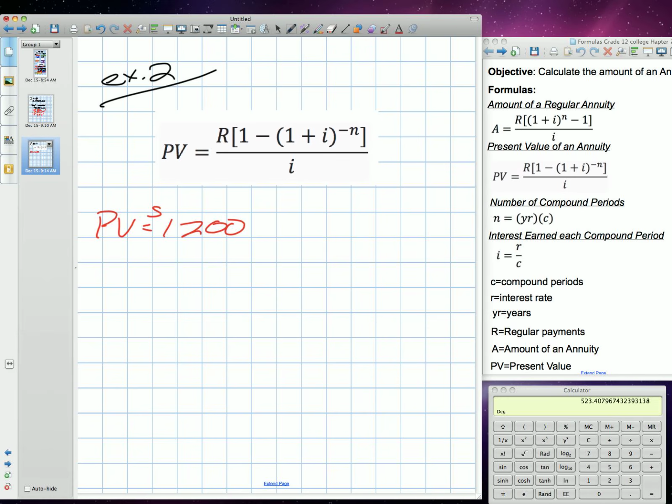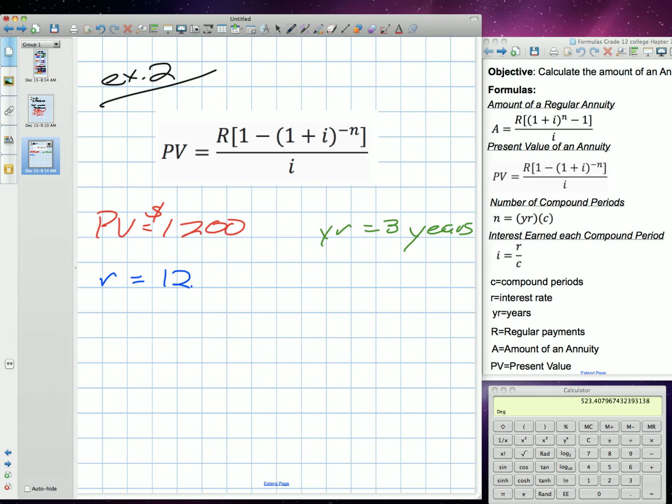It says he's going to repay the loan in monthly payments over 3 years. So our years for this question, 3 years. That's how long it's going to take him to repay this loan. He's going to get charged 12.5% a year. So remember, that's our interest per year. So that's going to be 12.5% or 0.125 as a decimal.